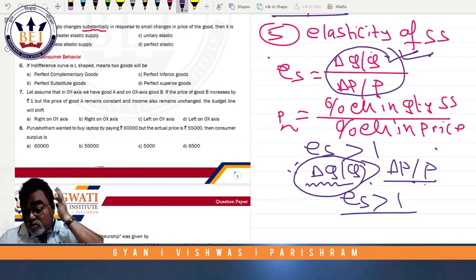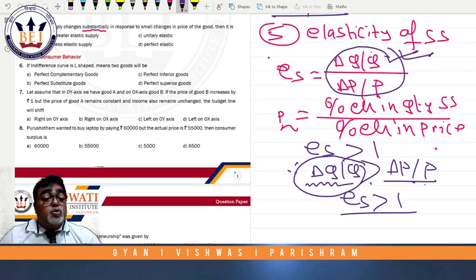I repeat once more, don't try to choose the option directly. First try to get this question, nullify three options, and the fourth one is the answer. So the options are relatively greater elastic, relatively less elastic, unitary, perfect. So the answer should be A. That is 5A, relatively more elastic.